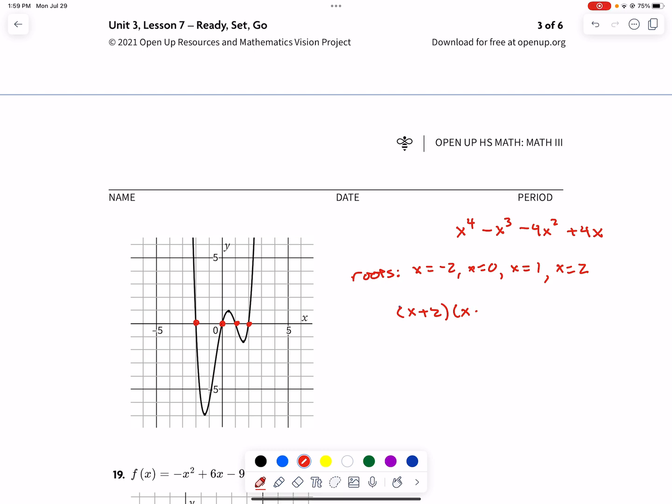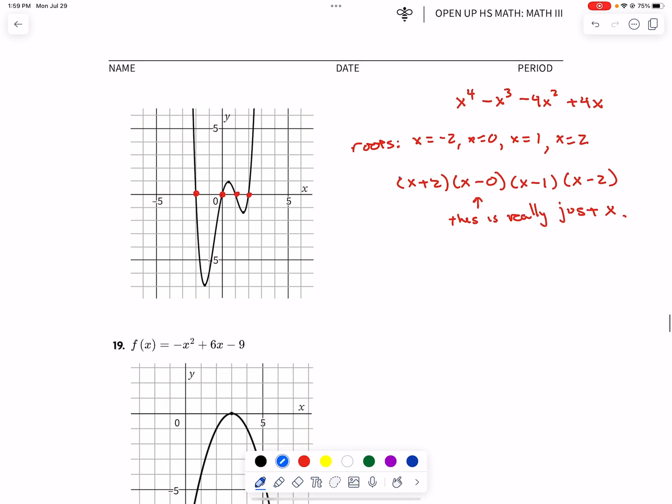Let's think about that for a minute. I'm going to write it that way for a minute. Okay, so from an algebra point of view, let me just show you how that works. I'm going to break the inside up.